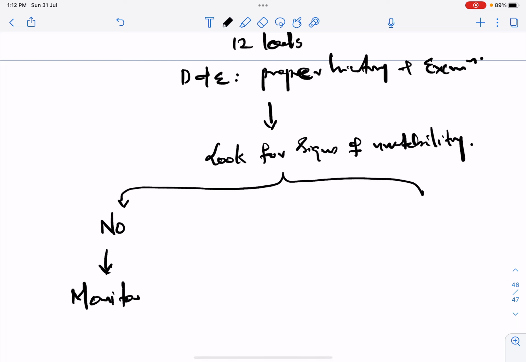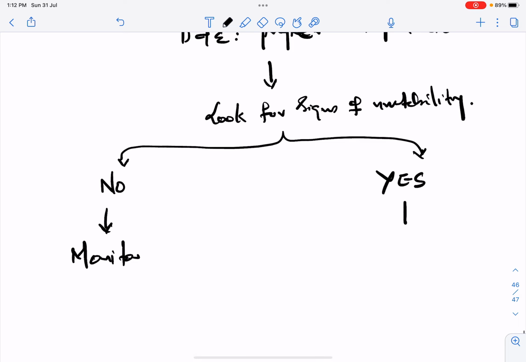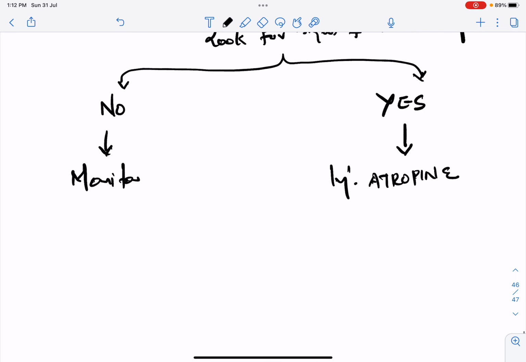But if the patient already has any of the 5 signs of instability, then go for the drug called atropine injection. Atropine. We will discuss the dose of atropine in the later part.